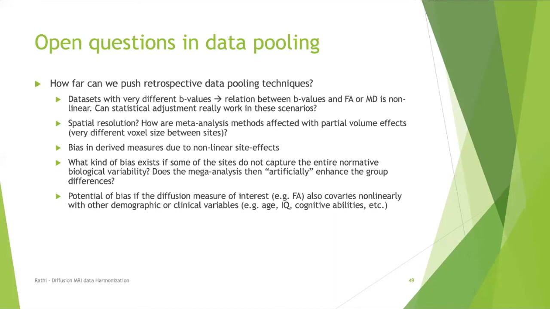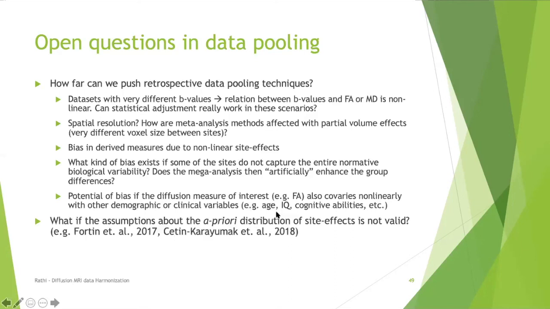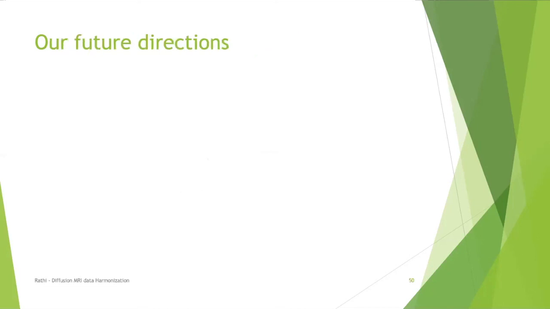And there could also be potential bias in FA if a measure of interest, like for example FA, varies in a nonlinear fashion with certain clinical variables like age, IQ, etc. And so we need to know what the assumptions are before we use these techniques, whether it's harmonization or data pooling.